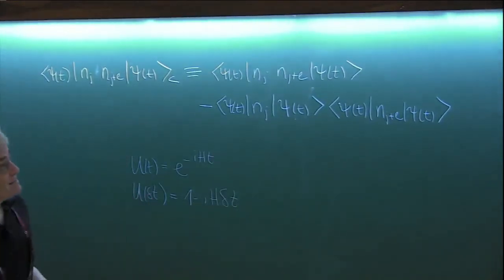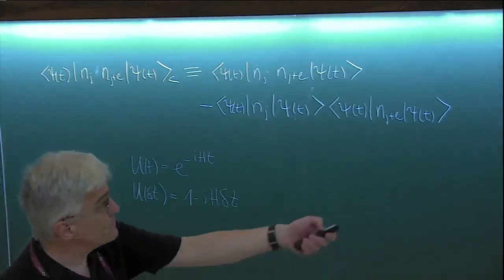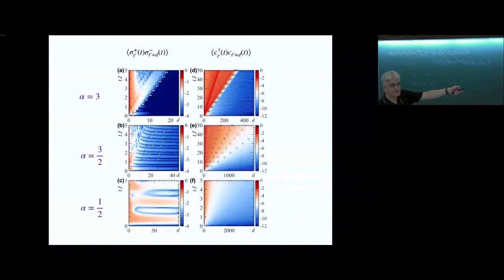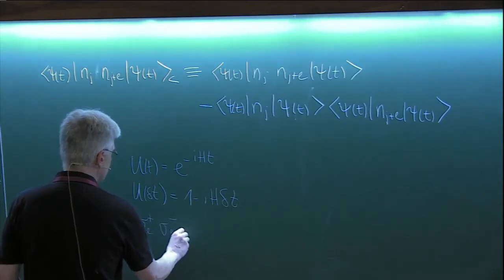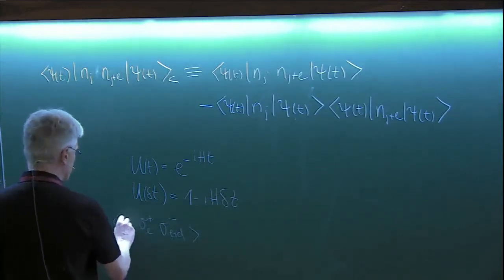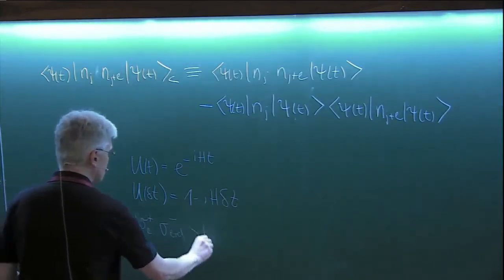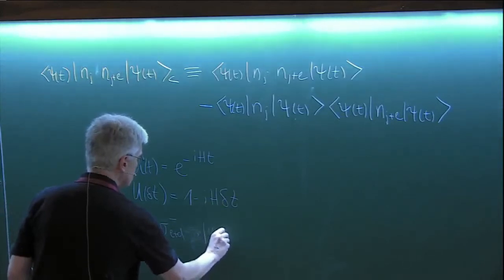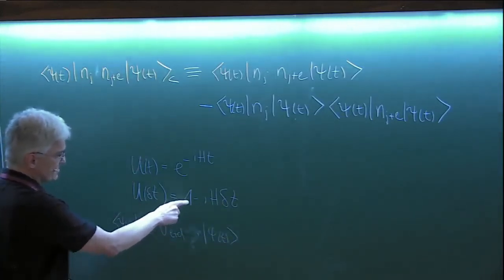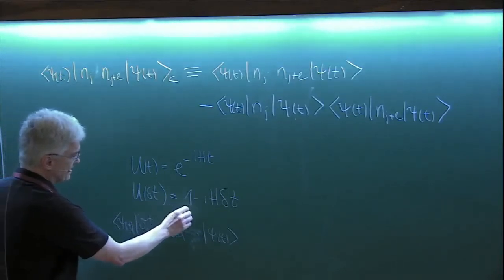And then even if my two operators, of which I calculate the two-point function, are very far away from one another, so let's say sigma plus at L, sigma minus at L plus D. Initially, let's say I see this term.